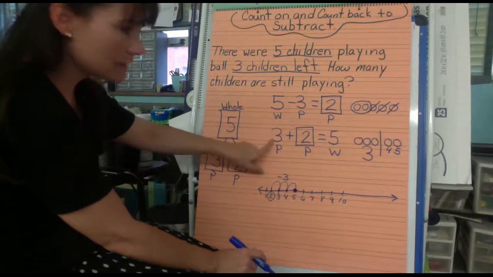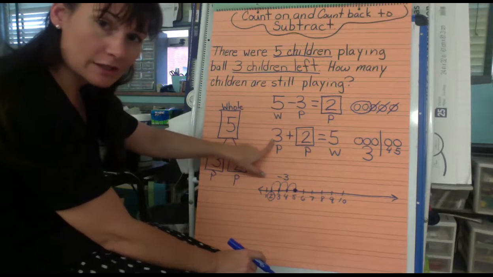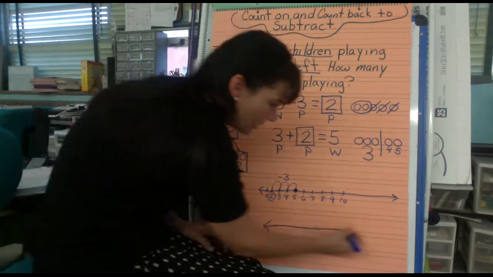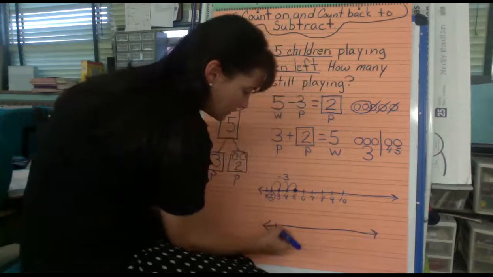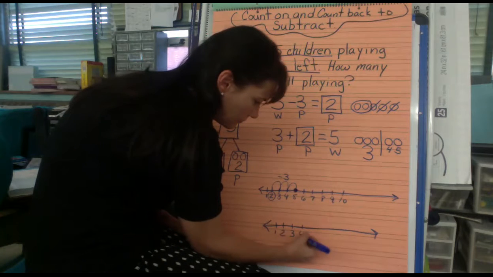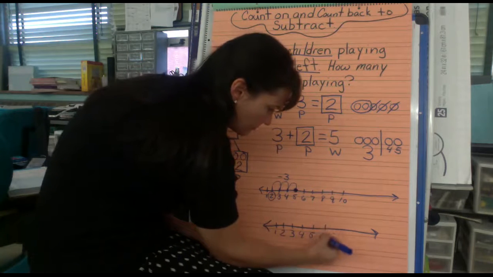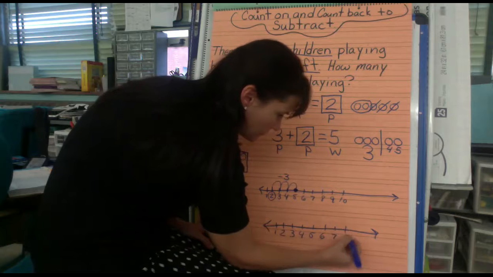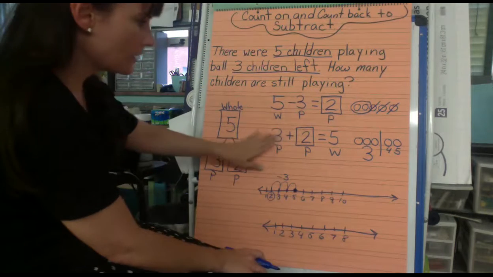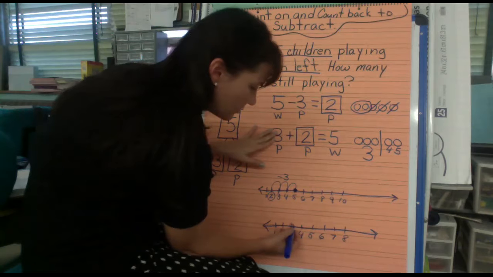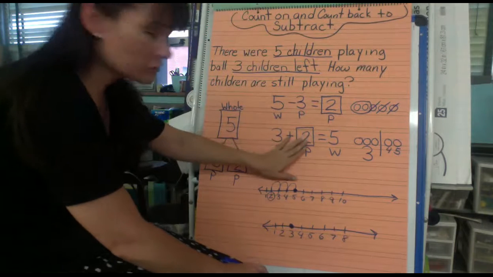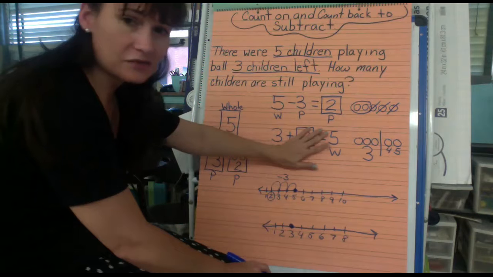But let's see if that same is true for our addition fact, where we had to count on to help us subtract. Now, I had 3. That was the part I knew. The part I didn't know was this 2, but I knew I had to get to 5.